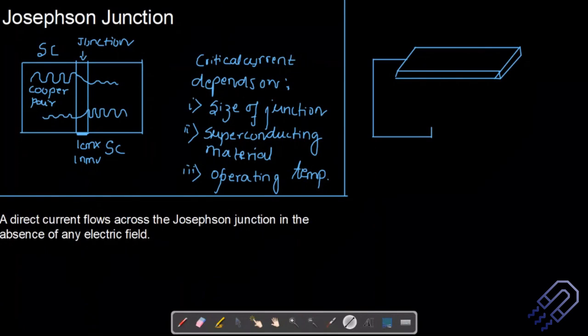And since I'm talking about a DC effect, I'll just apply a battery here, and then connect across the two ends of the superconductor. And this superconductor is, let's say, kept at a certain temperature. Now if we apply a potential, you are going to get a current flow.